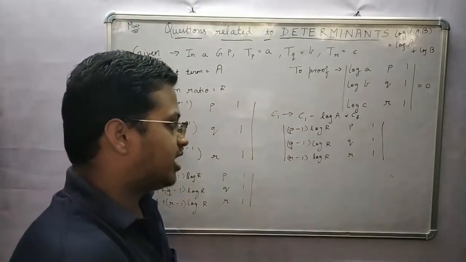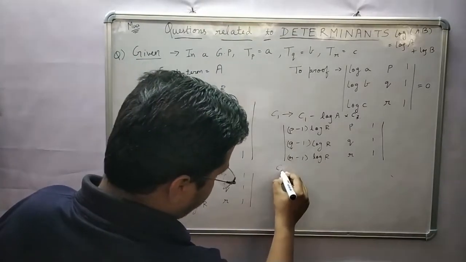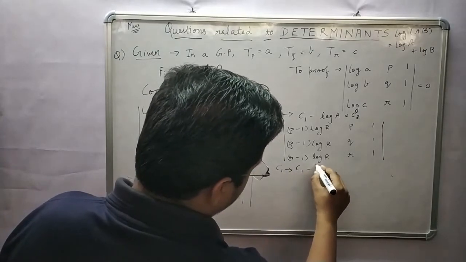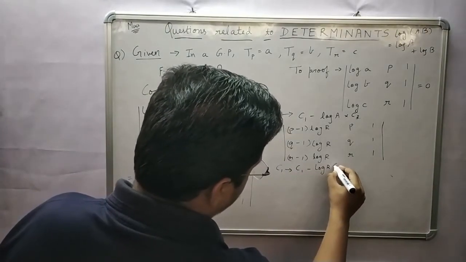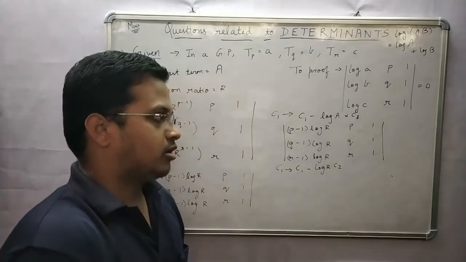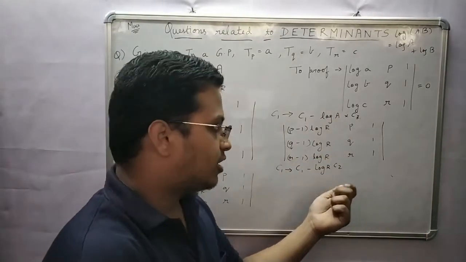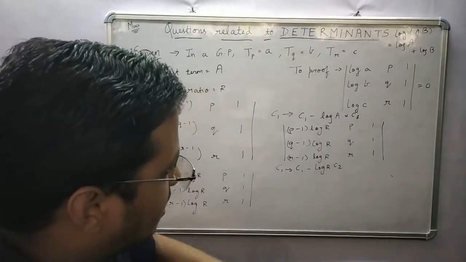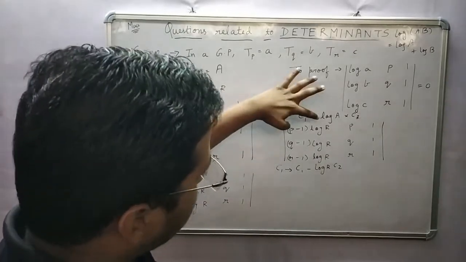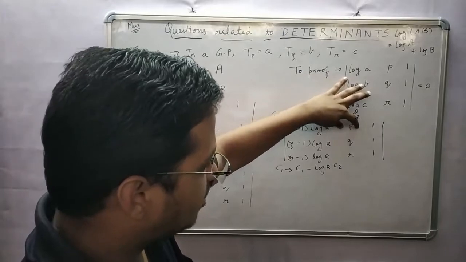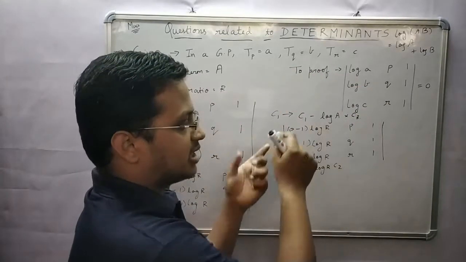Alright, now once again let us apply C1 changes to C1 minus log R C2. log A and log R are constant quantities, so we can apply this. Now C1 minus log R into P. As a result P will cancel.